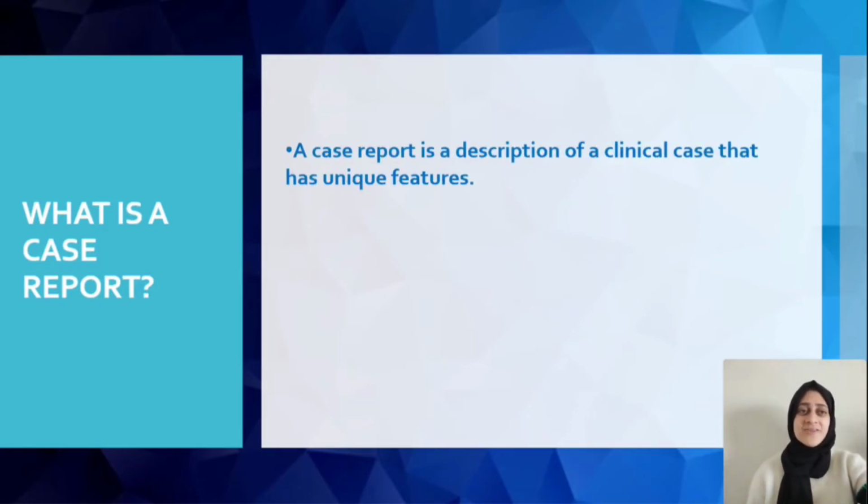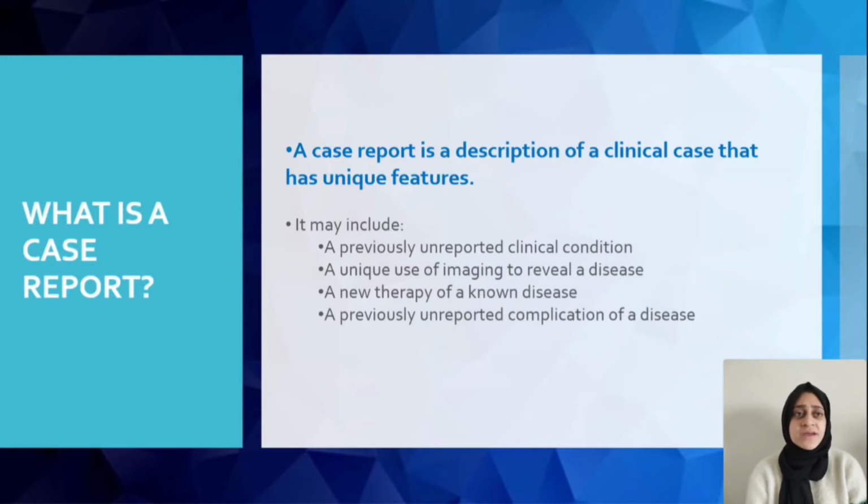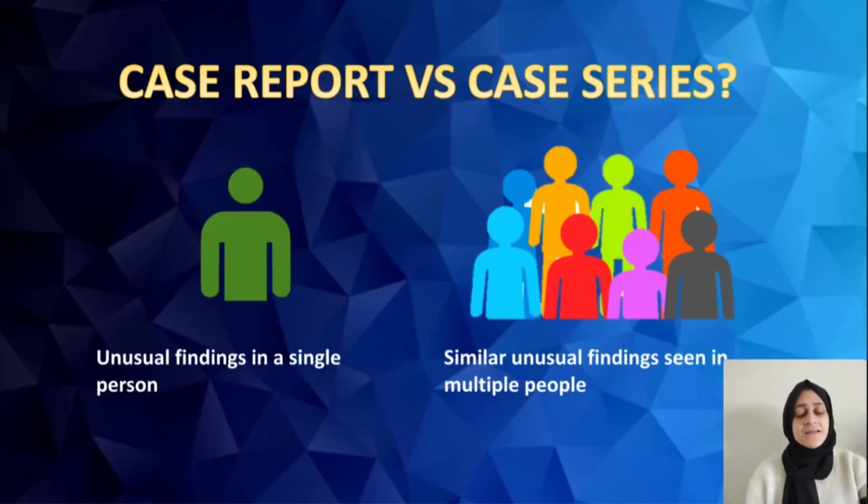Now we get on to talking about what is a case report. A case report is a description of a clinical case which is unique, including imaging to reveal a disease, a new therapy, or a previously unreported complication of a disease. So a case report is valid as long as you're adding something new to the medical literature. Now there's another term called case series.